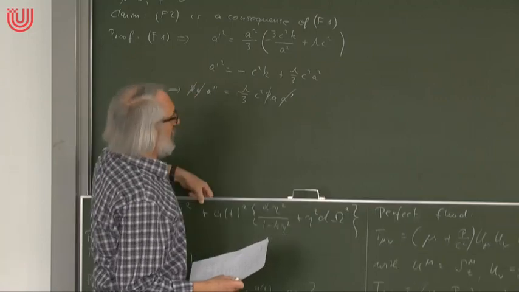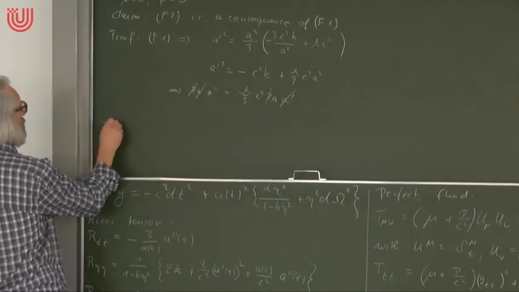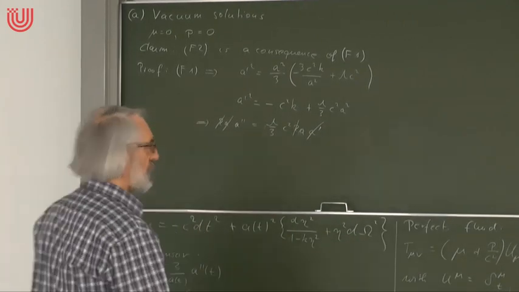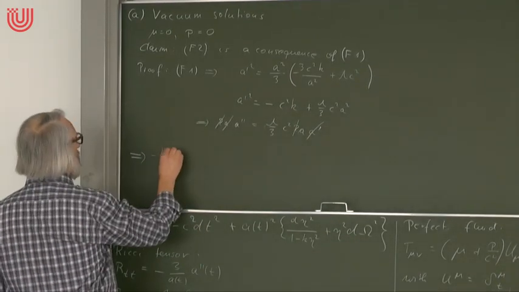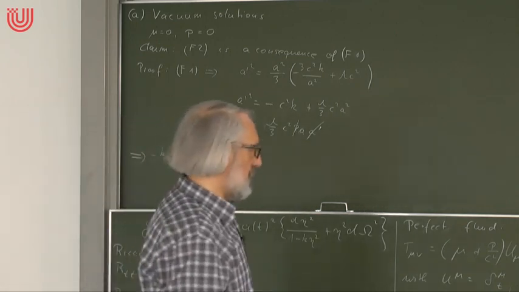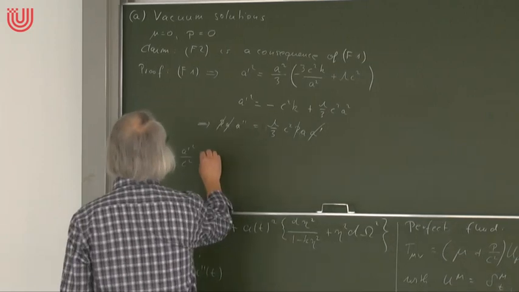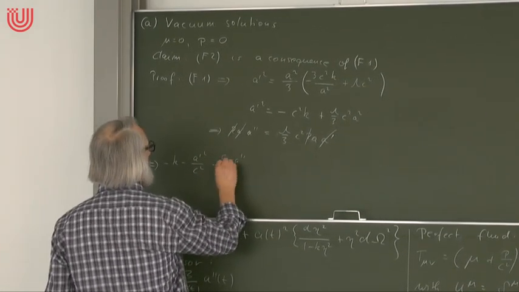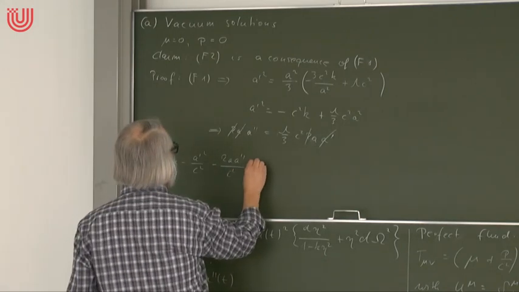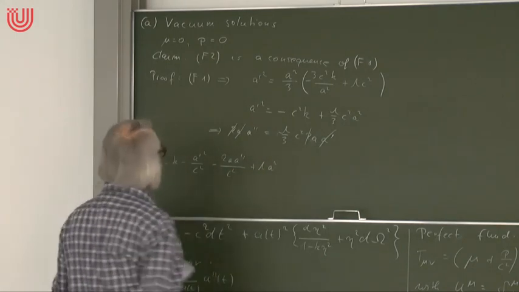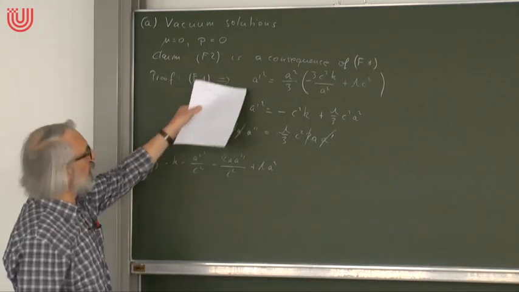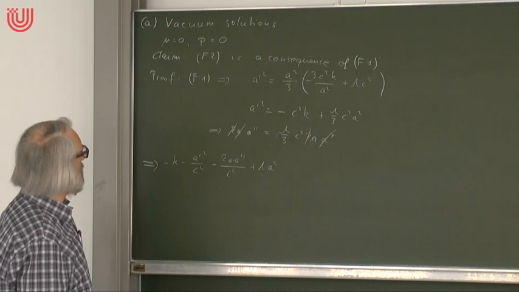So let me see, what is the left-hand side of F2? Left-hand side of F2 is minus k minus a prime squared over c squared, minus 2a a double prime over c squared, plus lambda a squared. And I want to prove that this is 0. Here's all the information I have about a prime and a double prime.